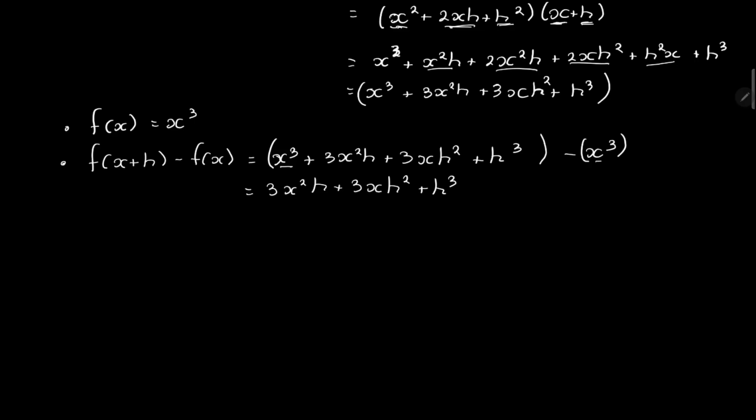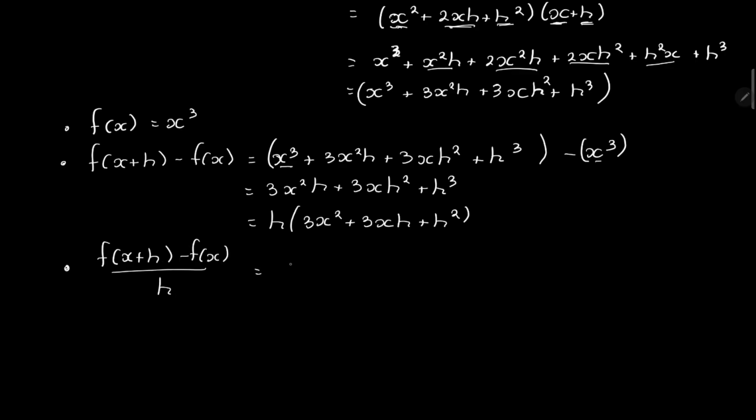So the first thing we are going to do here is factorize out h. Since h is common throughout, we are going to have h into 3x squared plus 3xh plus h squared. Then we calculate the fraction f of x plus h minus f of x divided by h. This gives us h into 3x squared plus 3xh plus h squared divided by h.